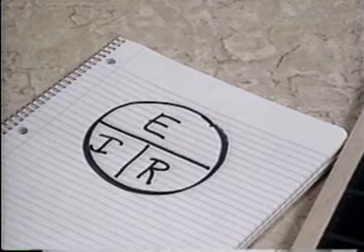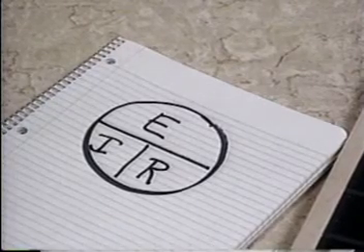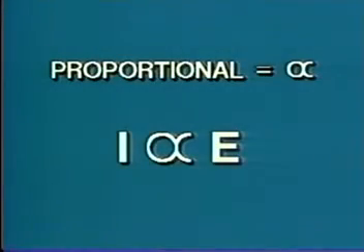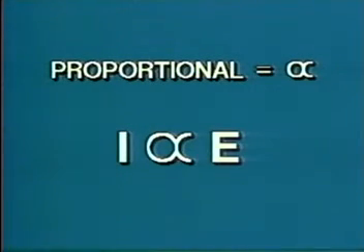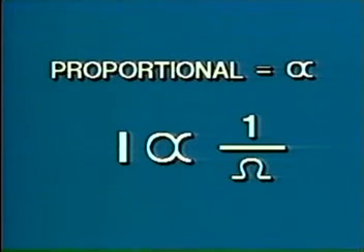Now, let's review the key points of this program. Number 1. Current is directly proportional to voltage. As you increase voltage, you increase current. Number 2. Current is inversely proportional to resistance.